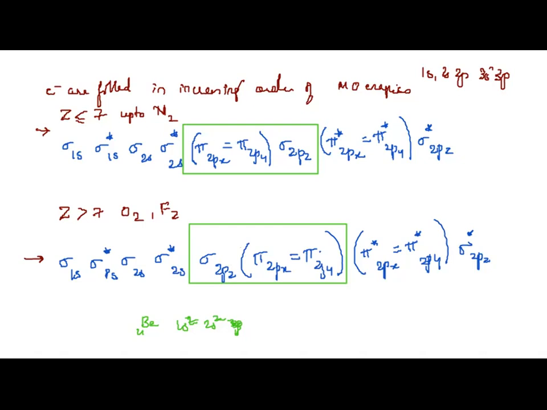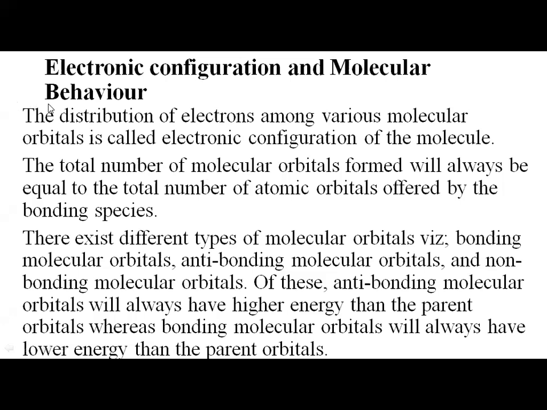I will show you here the molecular orbital diagram we have. Let's first discuss this. The distribution of electrons among various molecular orbitals is called the electronic configuration of a molecule, like how we have the electronic configuration of an atom. The total number of molecular orbitals formed will always be equal to the total number of atomic orbitals offered by the bonding species. There exist different types of molecular orbitals: bonding, anti-bonding, and non-bonding molecular orbitals.